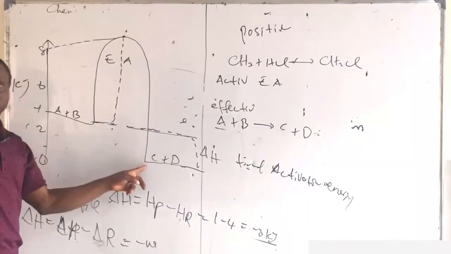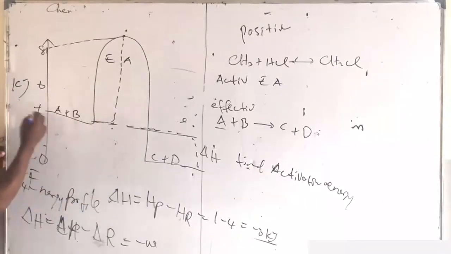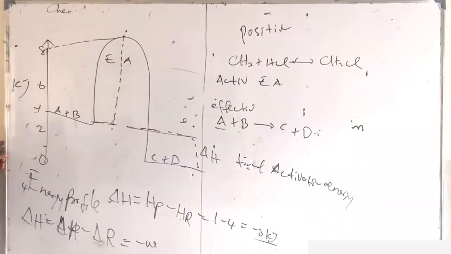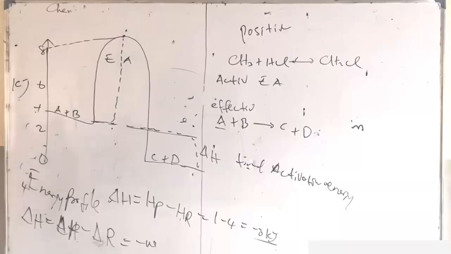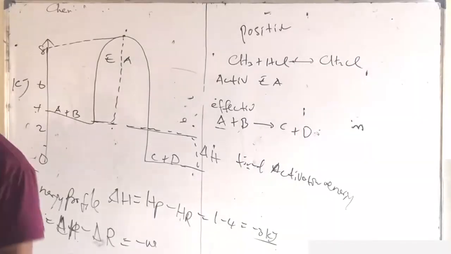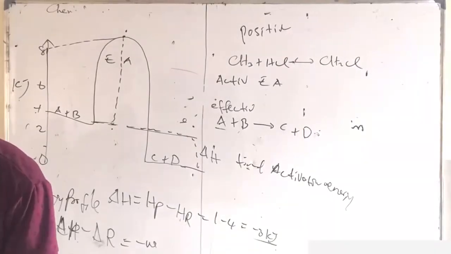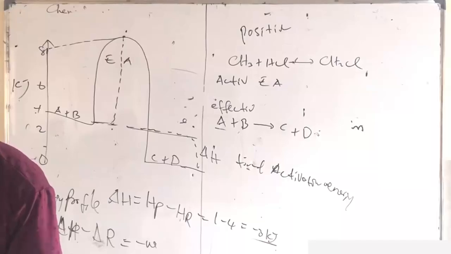Not the product, please. So which is what now? 8 minus 4, which is 4 kilojoule. Not watts. Watts is in power. So that is the brief summary of the heat of reaction.